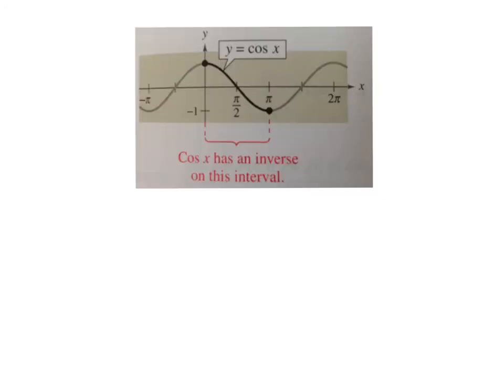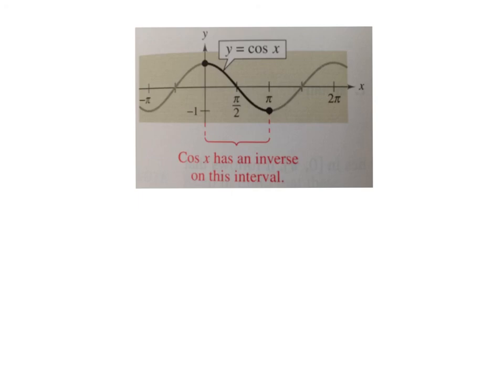So if you were okay with everything about arc sine, then, like I said, all the inverse trig functions have the same idea. You're just restricting the domain of the original trig function in different places, but all of it is basically the same idea.